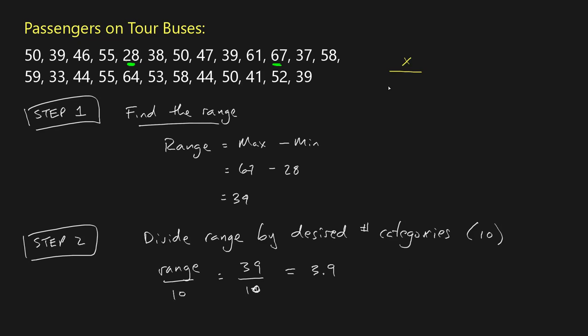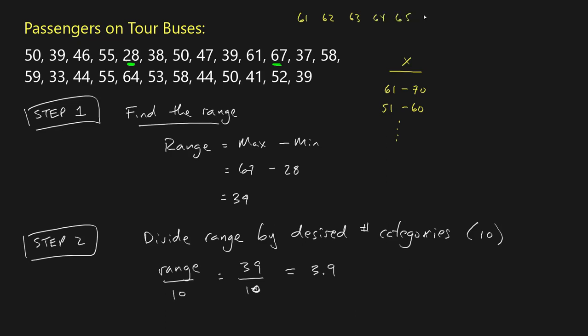If I had, let's say, something that looked like this, from 61 to 70 as being my highest category, and so then below that would be 51 to 60, and so on. These are categories that have a width of 10, because if you count these up, they include the numbers 61, 62, 63, 64.